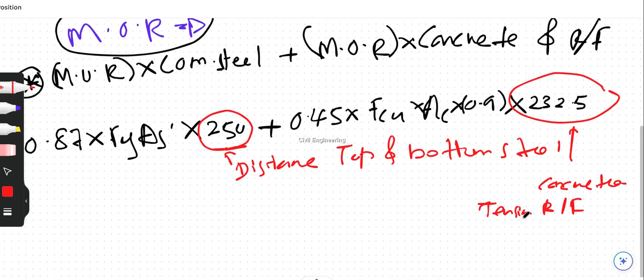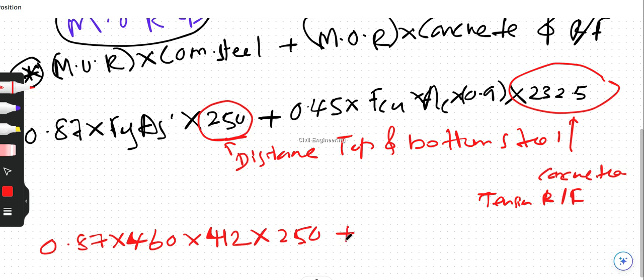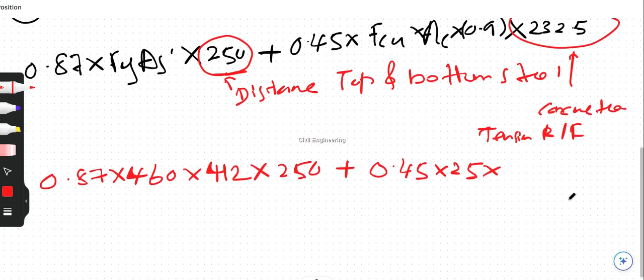Okay, let's find the values here. 0.87 into 460 into 412 into 250 plus 0.45 into fcu, which is 25, into Ac.